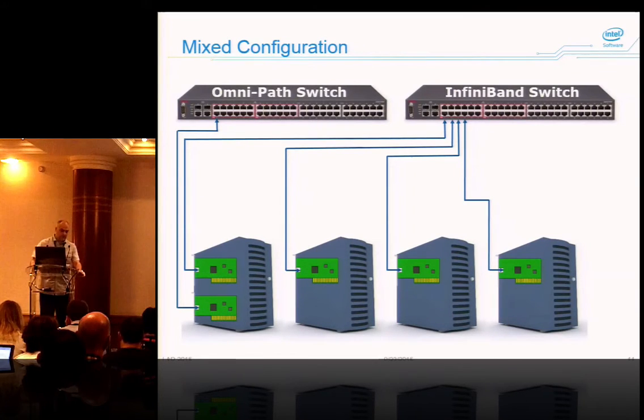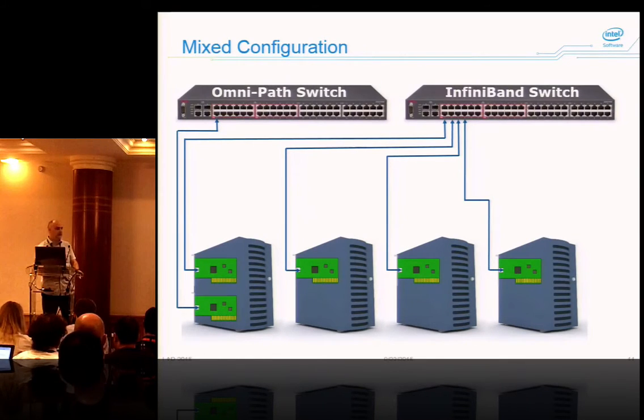One more issue you can encounter is the case when you have a router between different fabrics. So in this case, in a single node, you will have two different cards which are intended to bridge two different fabrics.